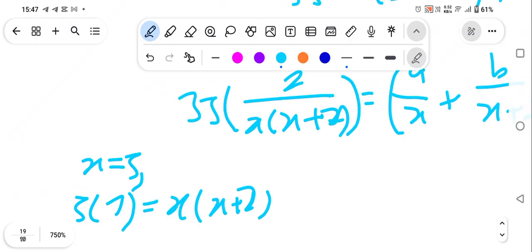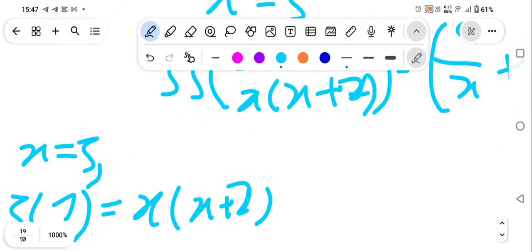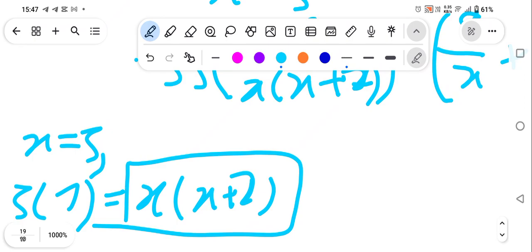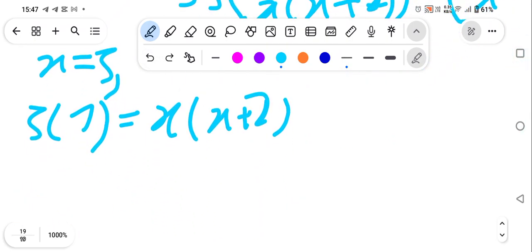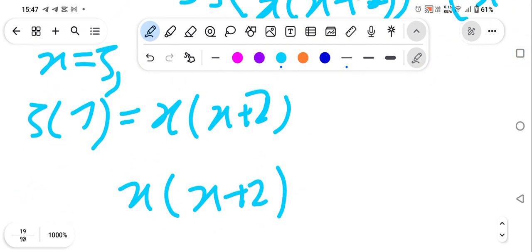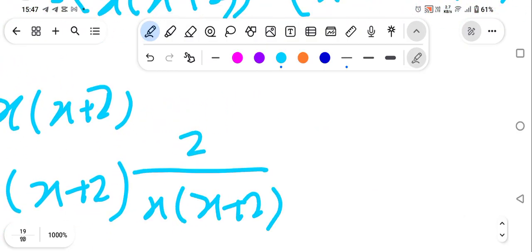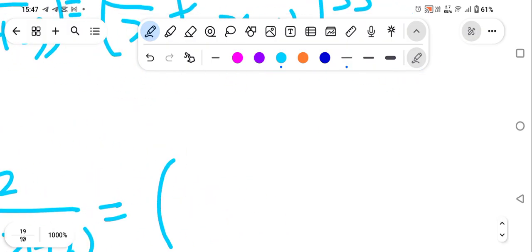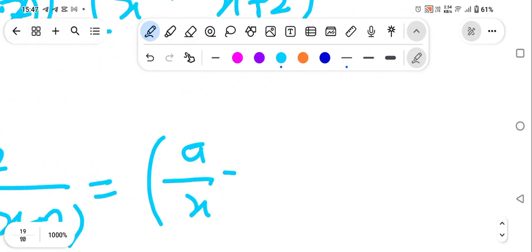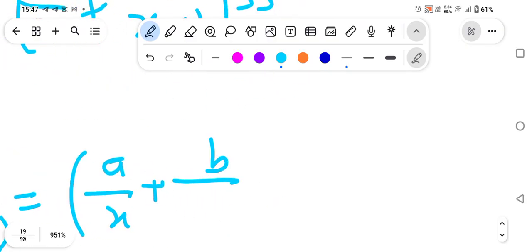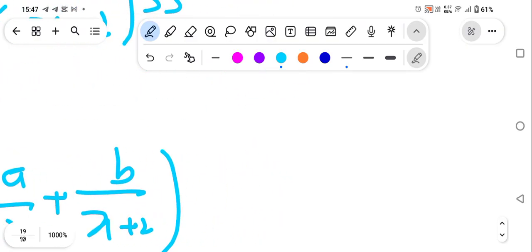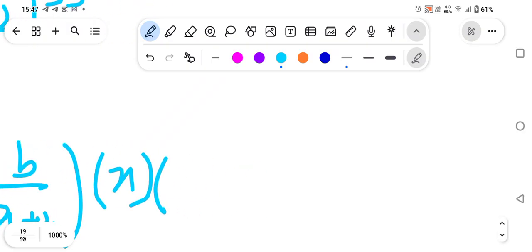So we're basically multiplying x times x plus 2 on both sides, and this will be equal to a over x plus b over x plus 2, times x and x plus 2.